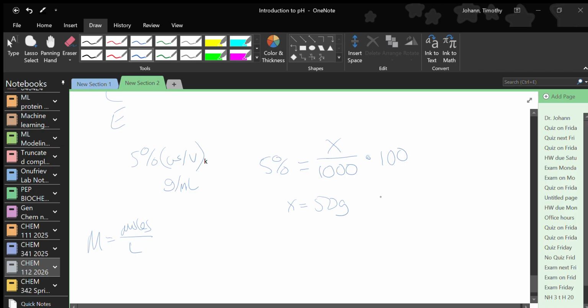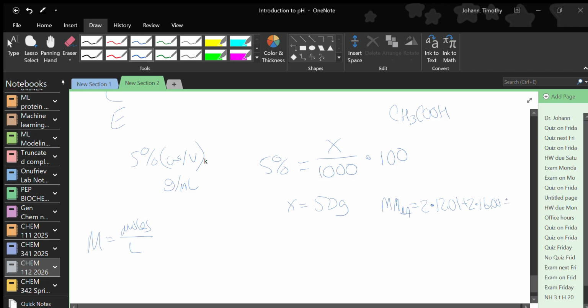And if I'm going to calculate grams to moles, what do I need? Molar mass. So the molar mass of acetic acid is going to be, remember our acetic acid looks like this, right? I have 2 carbons in it, so 2 times 12.01 plus I have 2 oxygens in it, 2 times 16.00, right?